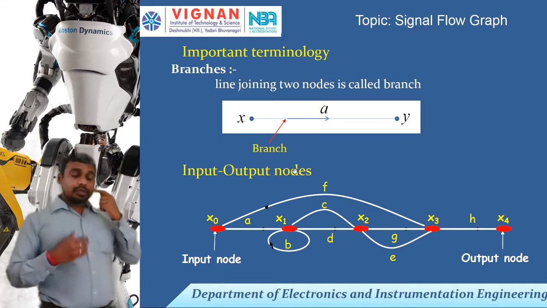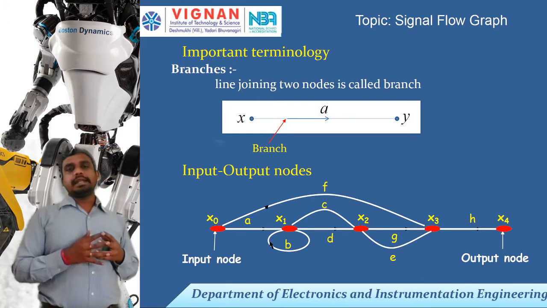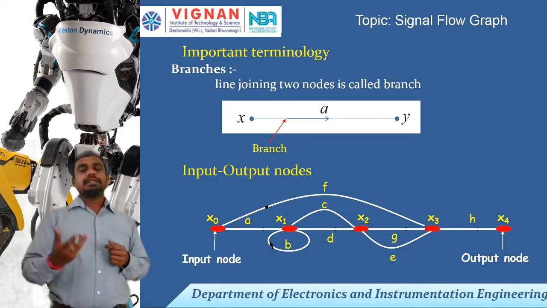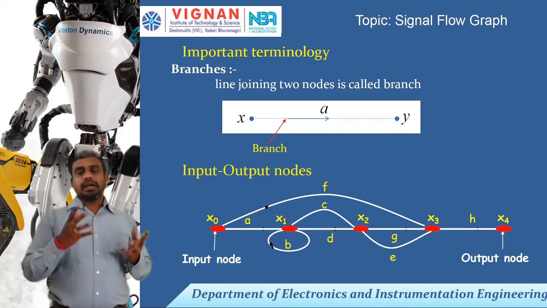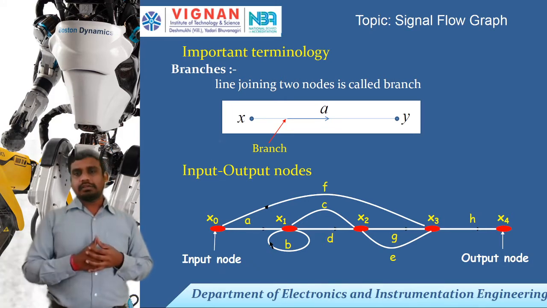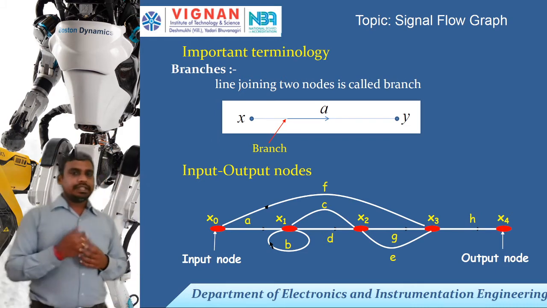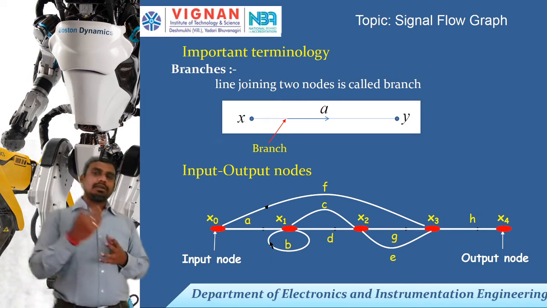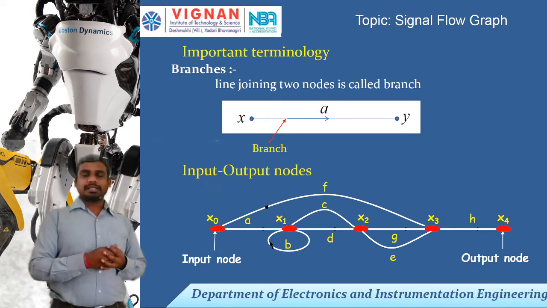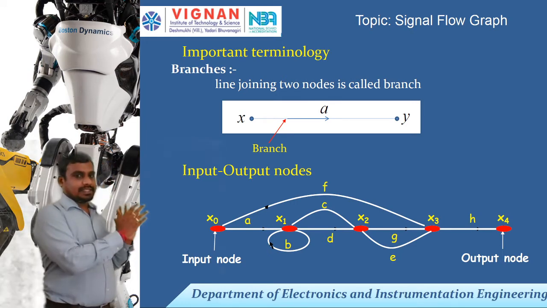Before going to the signal flow graph, you have to understand the different terminologies in the signal flow graph, so that it will be easy to construct the signal flow graph and obtain the transfer function. As we discussed the branch point in the block diagram reduction method, here we have branches.